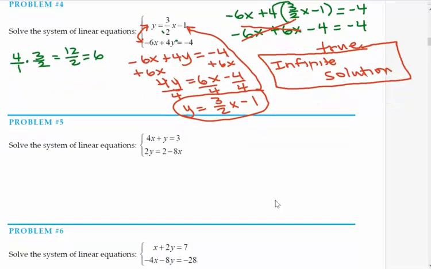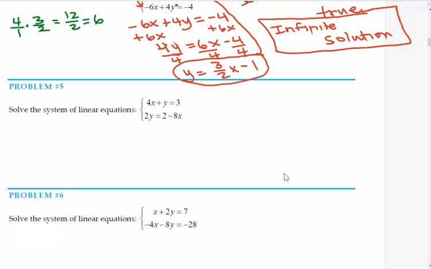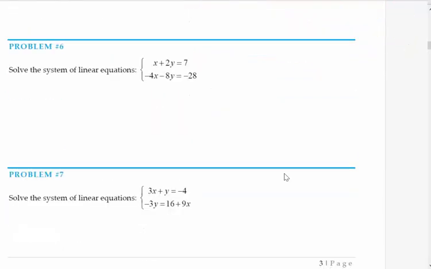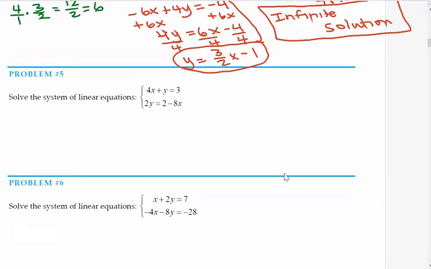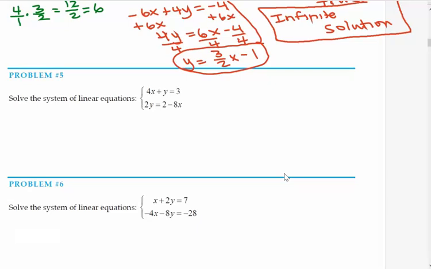Okay, then let's try this number 5 on here. All right, with this one, again, it looks like it's easy to get y by itself here in that second equation.